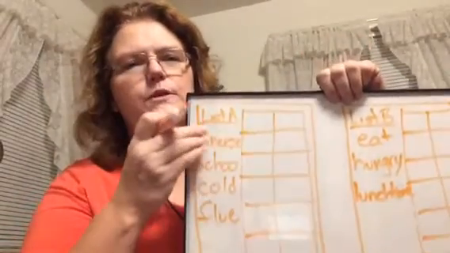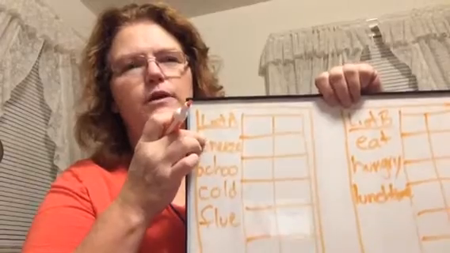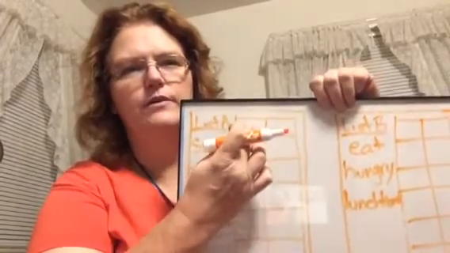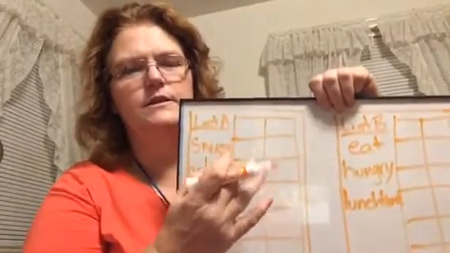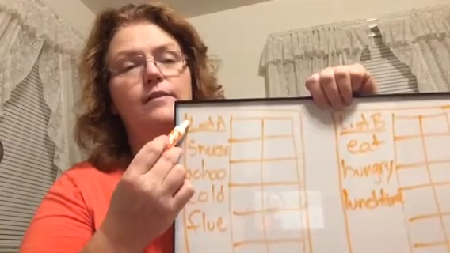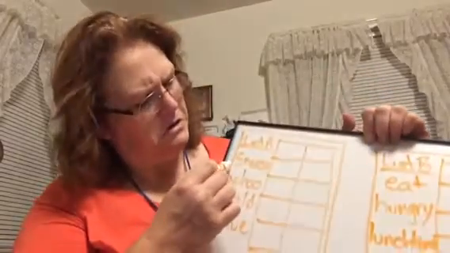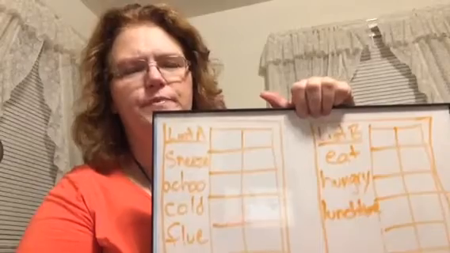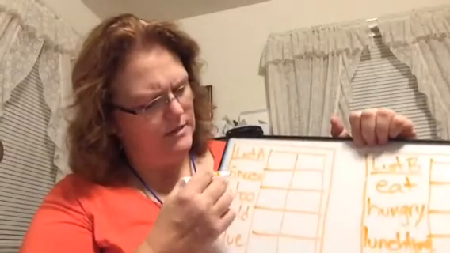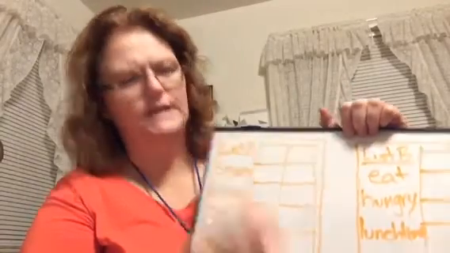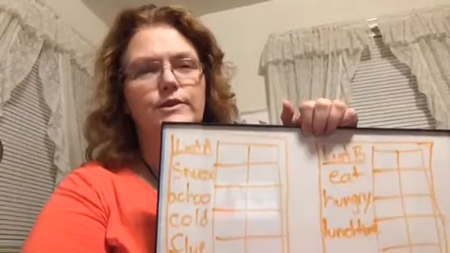Now, if you're the person with this gold list A paper, you are not writing this word here. That's not your assignment. Your job is to say, list A person goes first. You say to your partner, sneeze. And then you tell them how many letters it has. 1, 2, 3, 4, 5, 6. Sneeze has 6 letters.